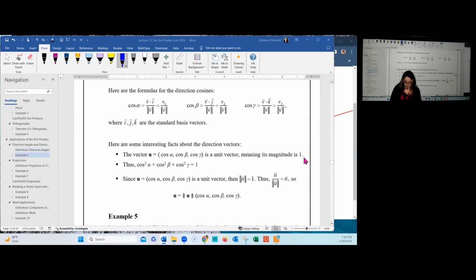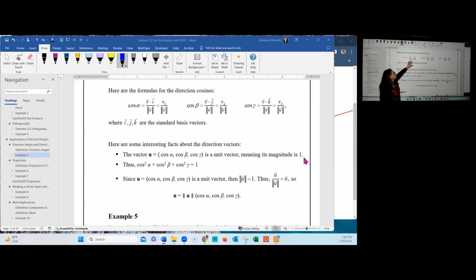Here are the formulas for the direction cosines. The formula comes from the definition of the dot product, so it's basically solving for the cosine of the angle. You may say, well, it's missing a magnitude. Yes, but it's v dotted with the i vector. The cosine of alpha is measuring the angle between vector v and the x-axis, and the standard basis vector that goes along the x-axis is i hat. The magnitude of i hat is, of course, 1.